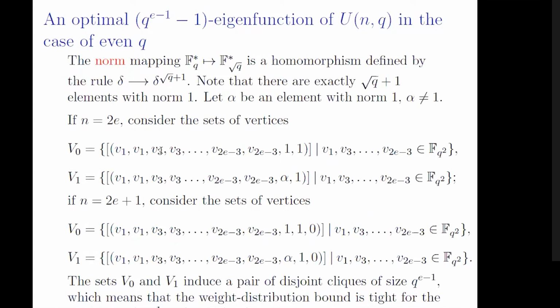And it would be interesting to solve problem 2 for these eigenvalues and characterize the eigenfunctions having the minimum cardinality of support, which is equal to the value given by the weight distribution bound.